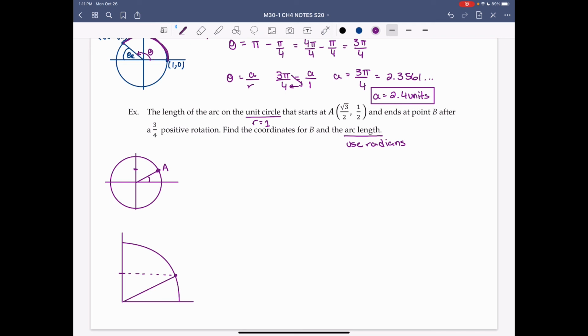Then I have one where the x and y values are the same, which gets me right in the middle of the 2 axes. So let's say about here. And that's my reference angle, 45 degrees. So root 2 over 2, root 2 over 2. And then I have my third one, which is when the x and y values switch from the first one. So now my x value is 1/2. So let's say about here.